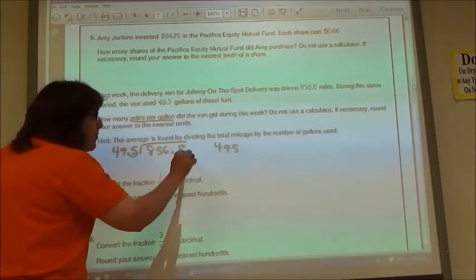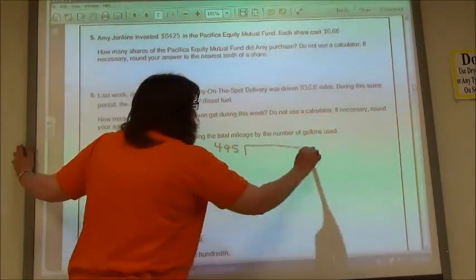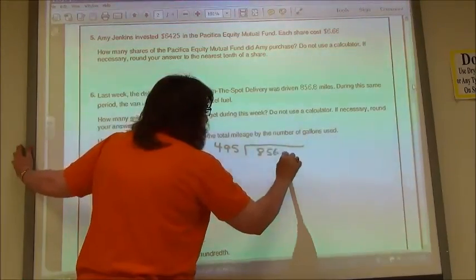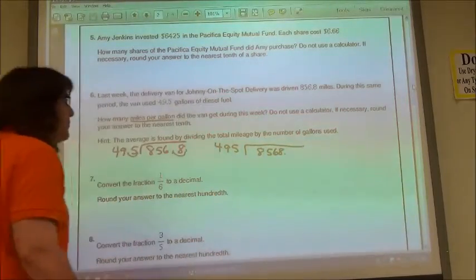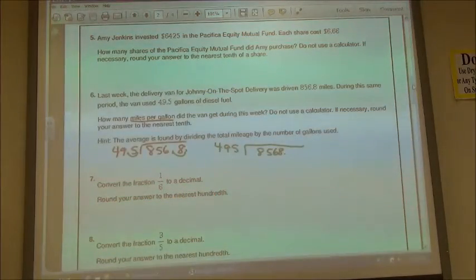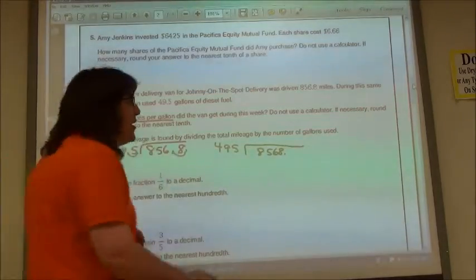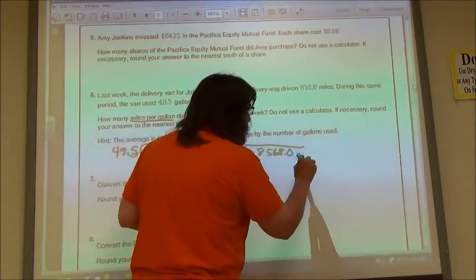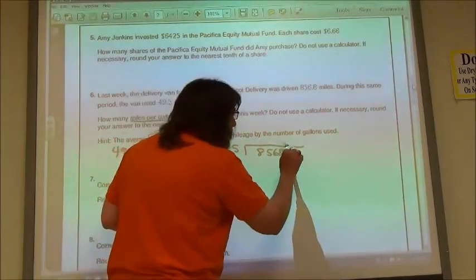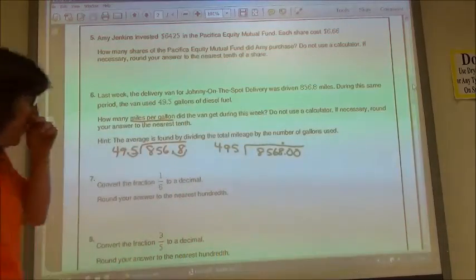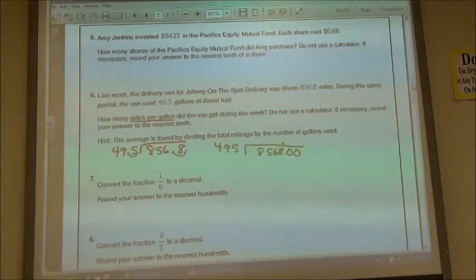Means we also have to move it one place here, which makes it 8,568 decimal point. Again, this one says round your answer to the nearest tenth, so we need to add the 0 for the tenths and one more for the hundredths so that we can see where we're going to round to. So we're going to take 495 and we're going to divide it into 856.